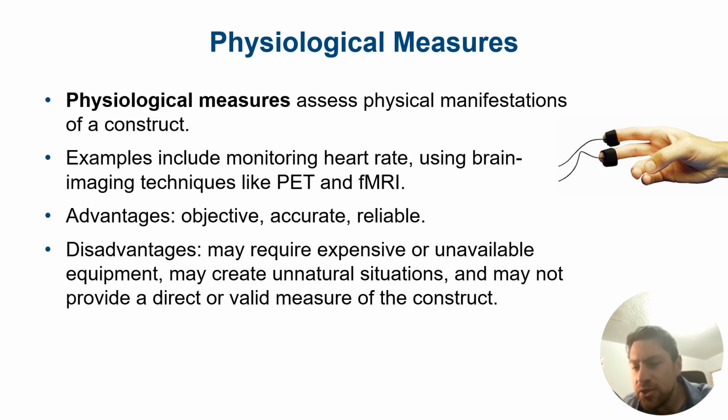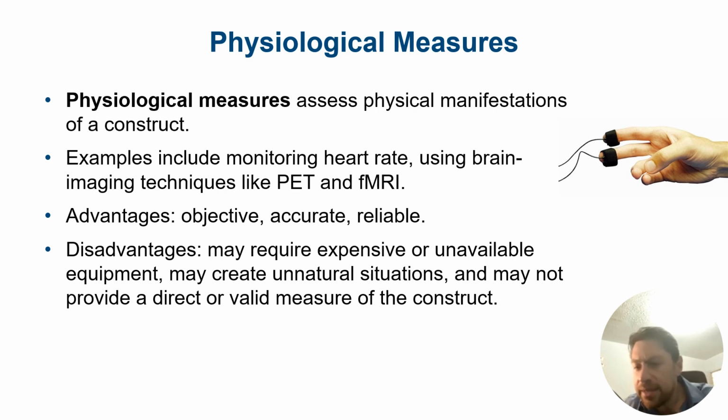Some measure changes in the autonomic nervous system, so arousal in the body, things like heart rate, blood pressure, perspiration, pupil dilation. And again, all these changes usually are modulated by somebody's mental state. If you're afraid, it will change the physiology of your body.